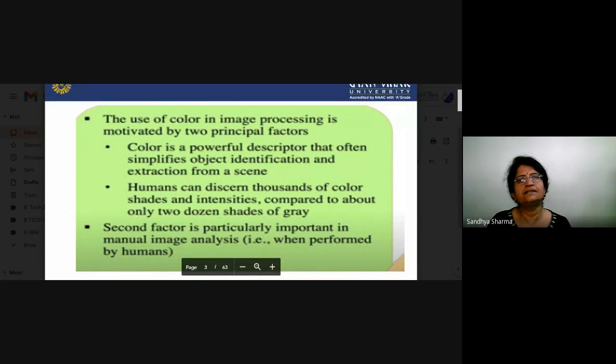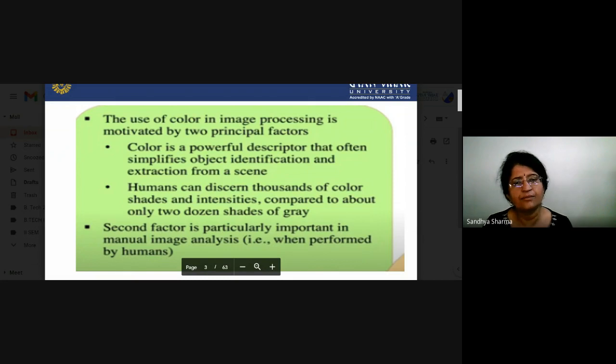Basically, the use of color in image processing is motivated by two principal factors. The first one is that color is a powerful descriptor that often simplifies object identification and extraction from a scene. Humans can discern thousands of color shades and intensities, compared to only about two dozen shades of gray.